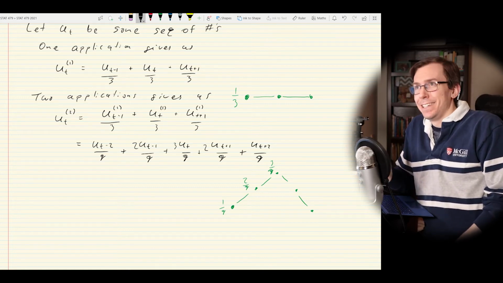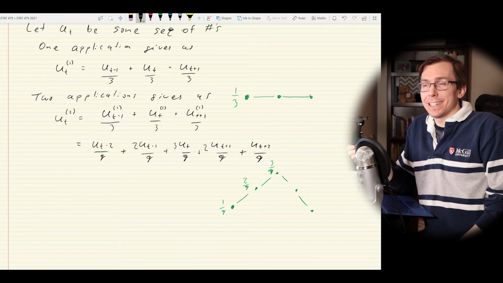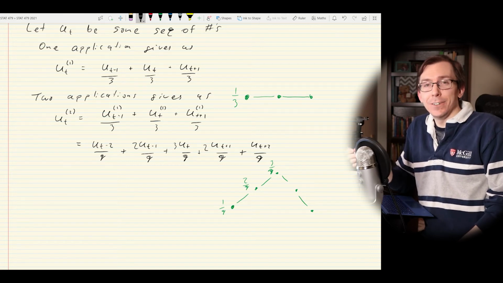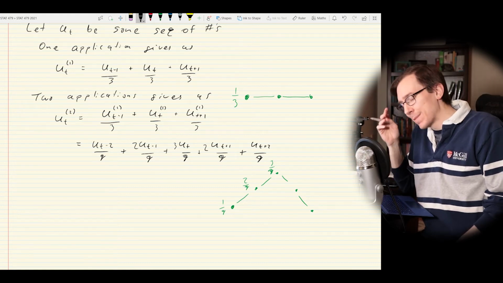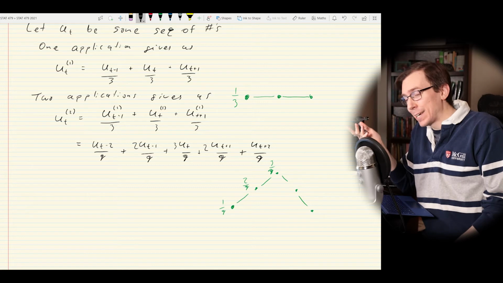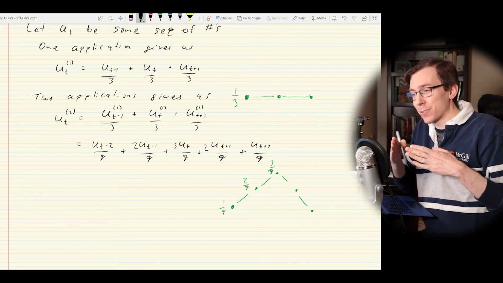This is very closely related to the idea that if I take the uniform distribution and convolve it with itself, that is, if I add 2 uniform random variables together, I end up with a triangle-shaped distribution.